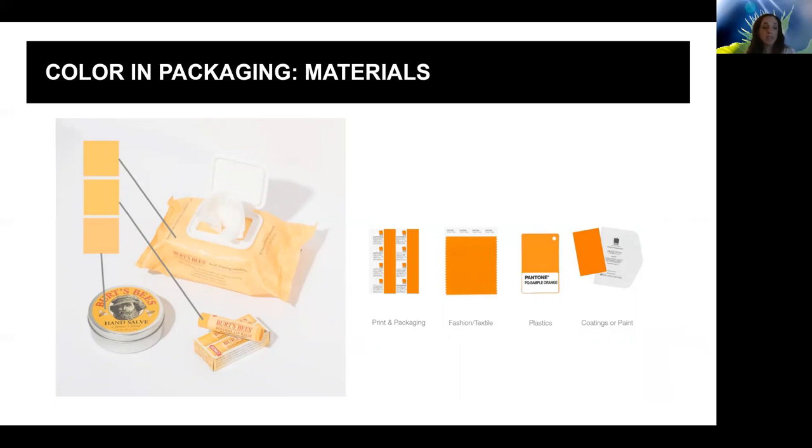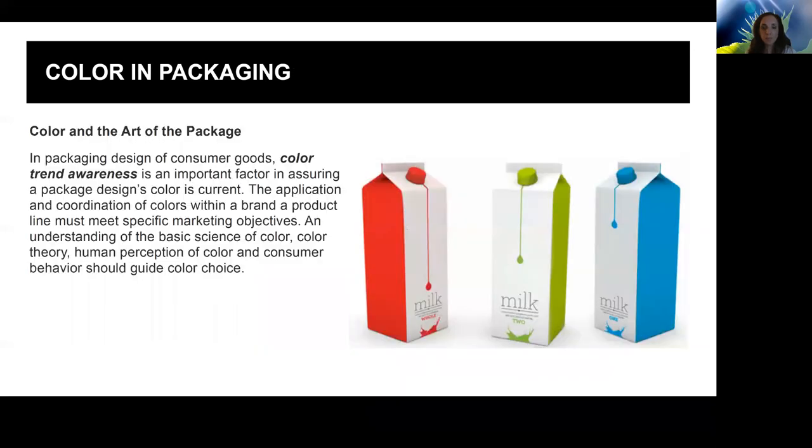A brand that uses several different materials always has a challenge because they have to try to get the colors to match, even though you can't get the same exact result from what prints on paper versus plastic versus fabric. Pantone does the best it can to match the colors for you, but there are going to be slight nuances. I just wanted you to be aware that as you enter the field, it is not an exact, perfect 100% match across materials.